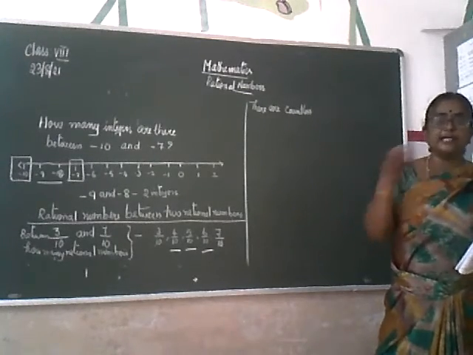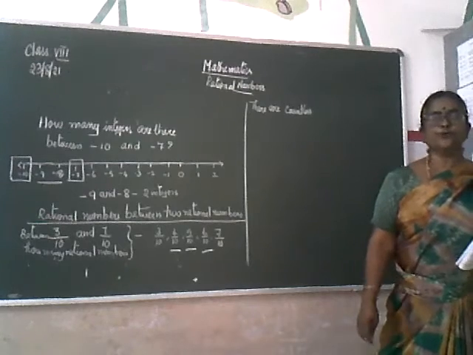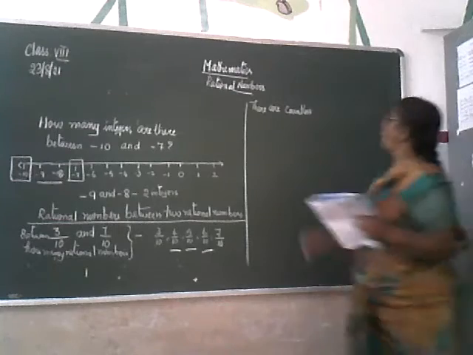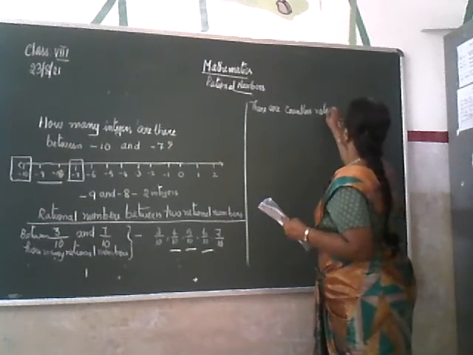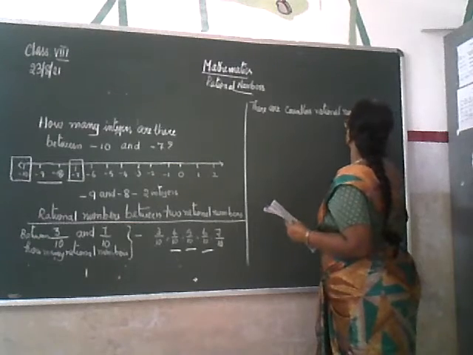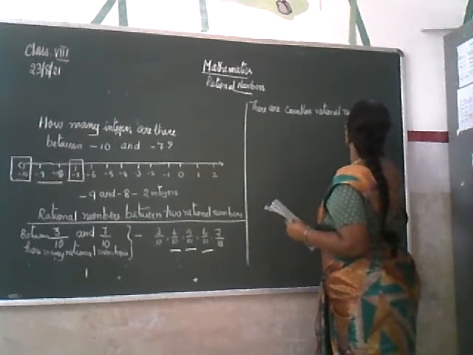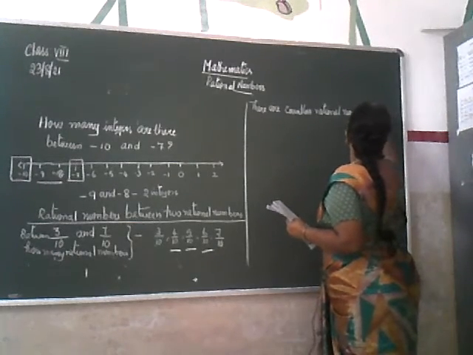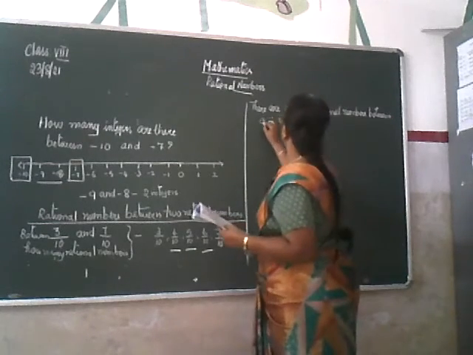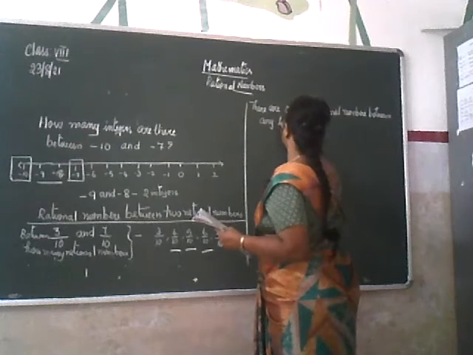Infinite number of rational numbers you can write between any two given rational numbers.